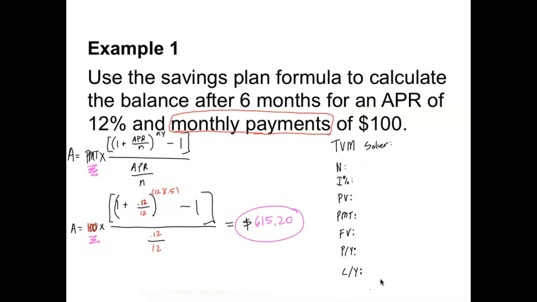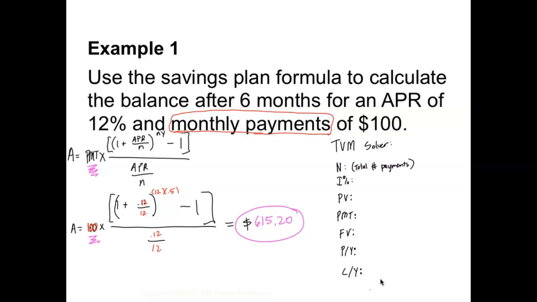All right, the capital N is total number of payments. So I'm calling a payment just a payment now. It can be for a loan or a savings plan. So if it's a payment for a savings plan, what I really mean is how often are you depositing into your savings account?